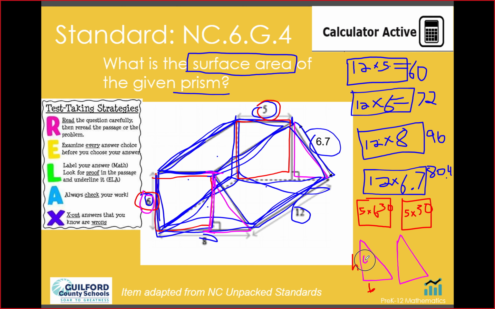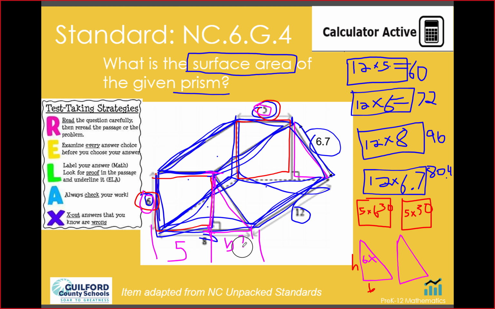So we're going to do 6 times, and our base of our triangle right here, we have to actually figure that out. So I know from here to here is 8, but I know that the square is 5. So 5 here. So what is the base of my triangle?